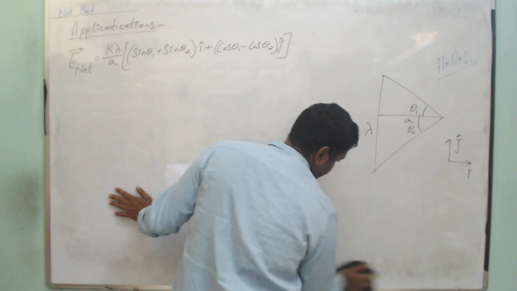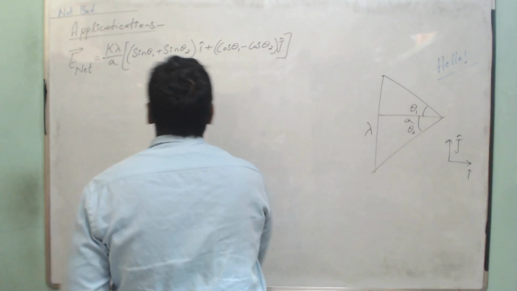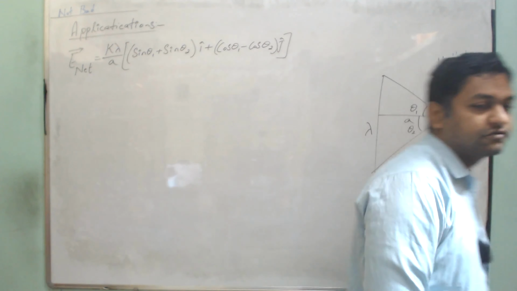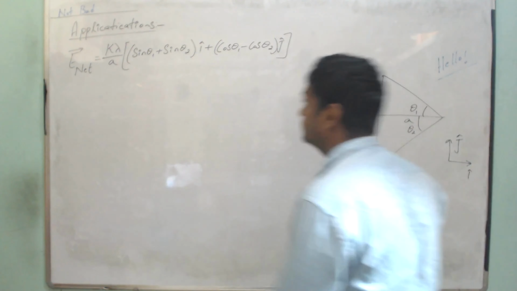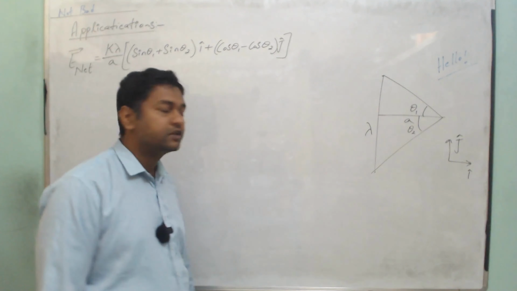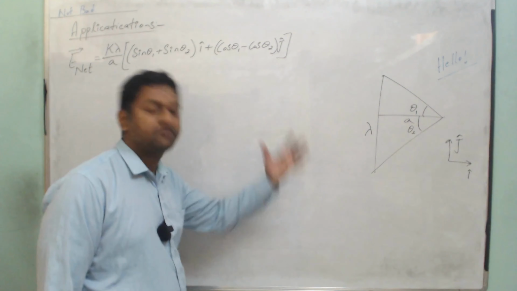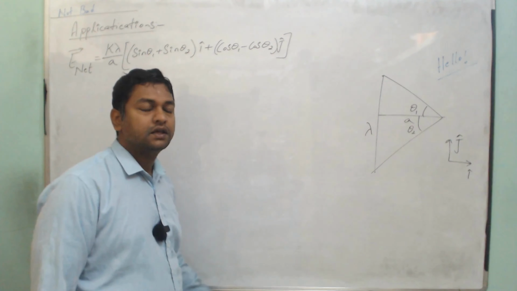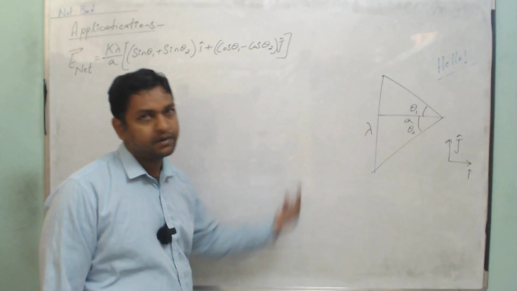So for semi-infinite wire and positive charge per unit length, we have away from the wire k lambda by A in the perpendicular direction, k lambda by A in the parallel direction.